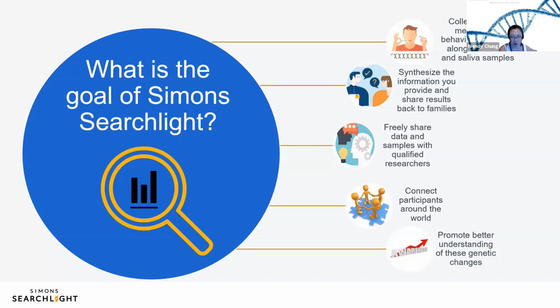Our mission is to help move the science forward as quickly as possible. We collect information from several different genetic groups around the world. It's an international study, and we de-identify the information so no one knows who an individual participating in this study is, and we try and share it with as many qualified researchers as possible.